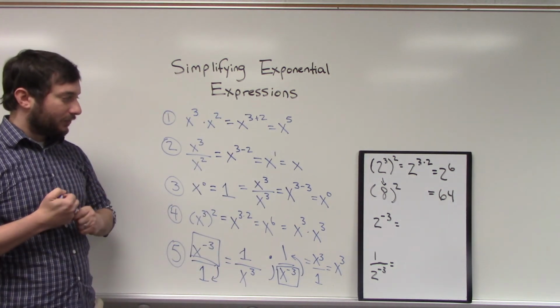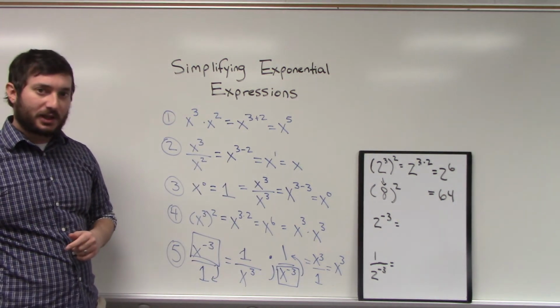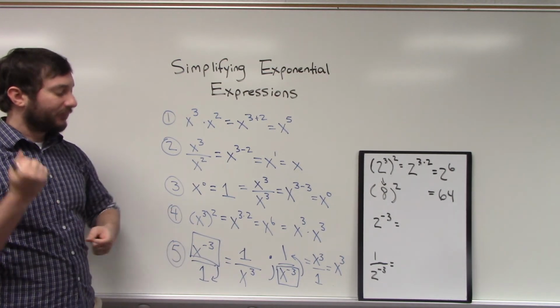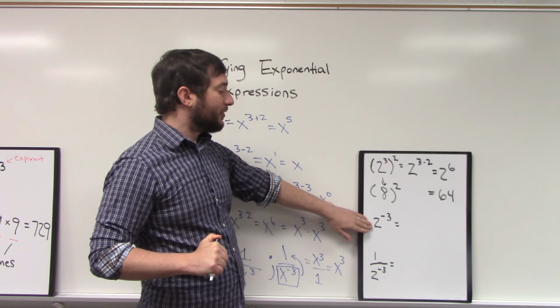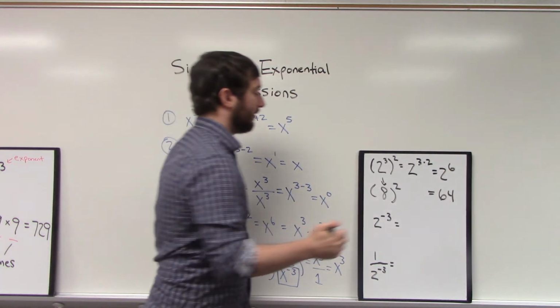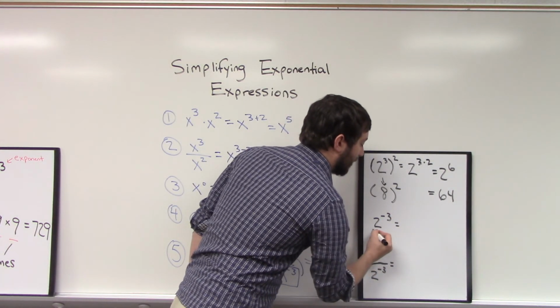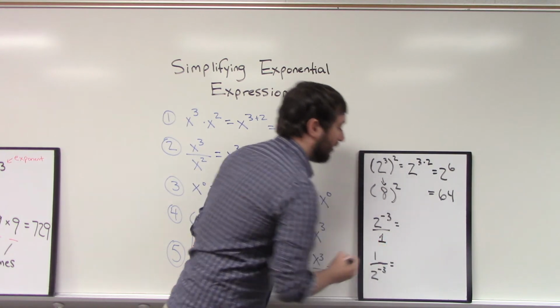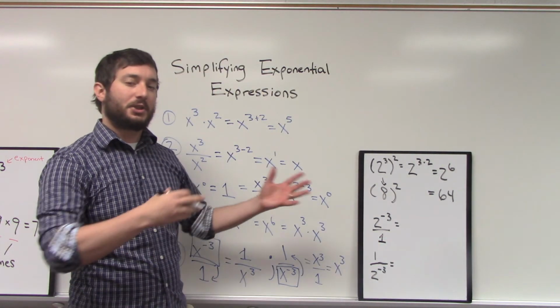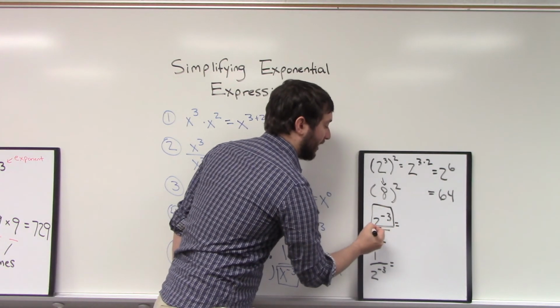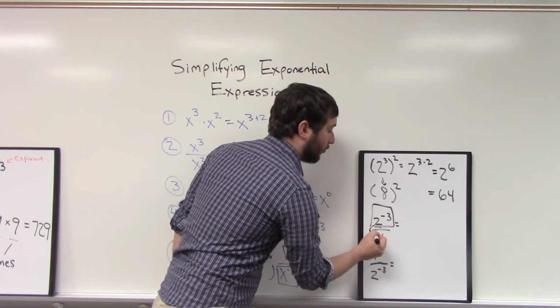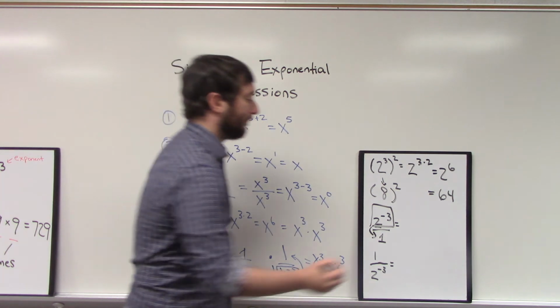To prove this, or to show another example of how this works, let's work with numbers yet again. This will be our last example here. If I have 2 to the negative third power, it's really the same thing as that divided by a 1, which is important because it helps to show how I'm going to move this from my numerator to my denominator. Okay.